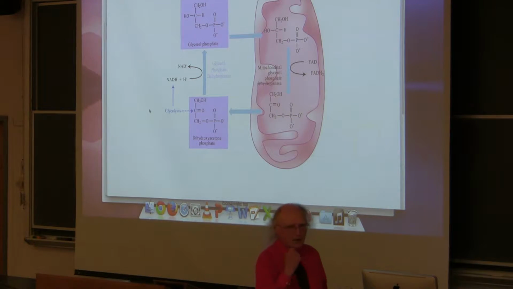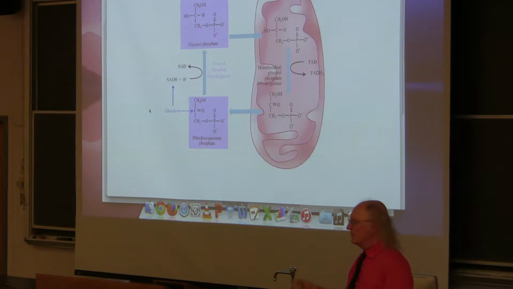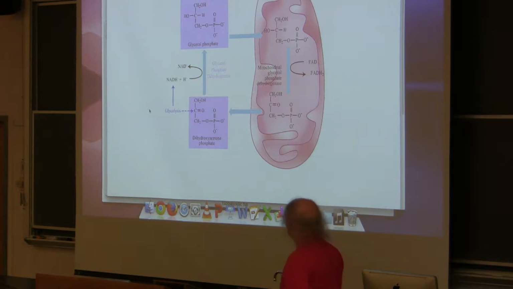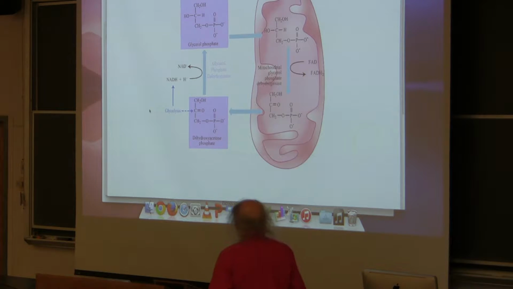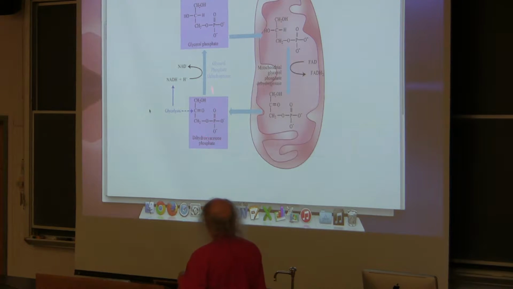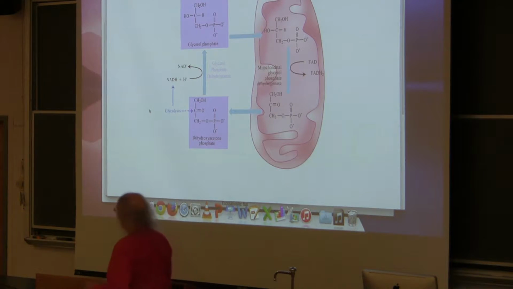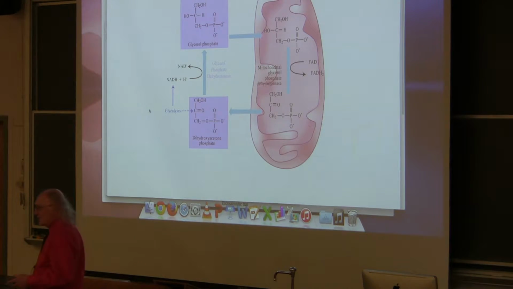The intermediate from glycolysis is dihydroxyacetone phosphate. Okay? When it gives its electrons and protons to DHAP, it converts it into glycerol 3-phosphate. That's what it's actually doing there. It's giving its electrons to DHAP to make glycerol 3-phosphate.